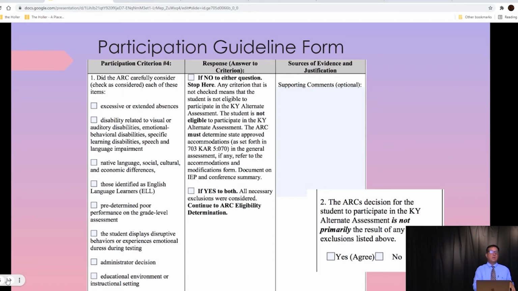So the educational environment and instructional setting didn't cause it. The administrator making the decision with little information didn't cause it to happen.